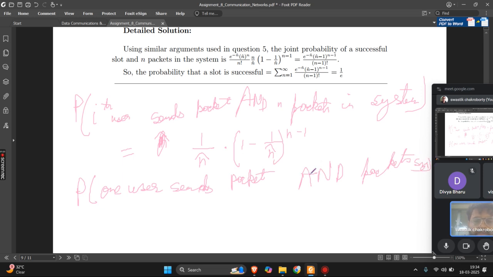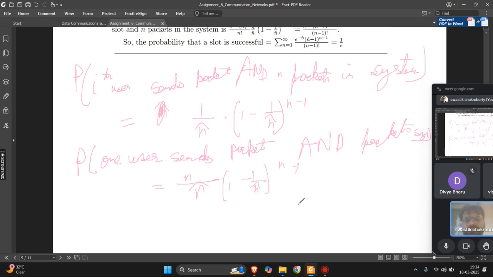So this will be n by n hat, (1 minus 1 by n hat) to the power n minus 1. Now, this is only the probability of transmission, this part. Into it there will be a Poisson, e to the power minus n hat, n hat to the power n by n factorial.